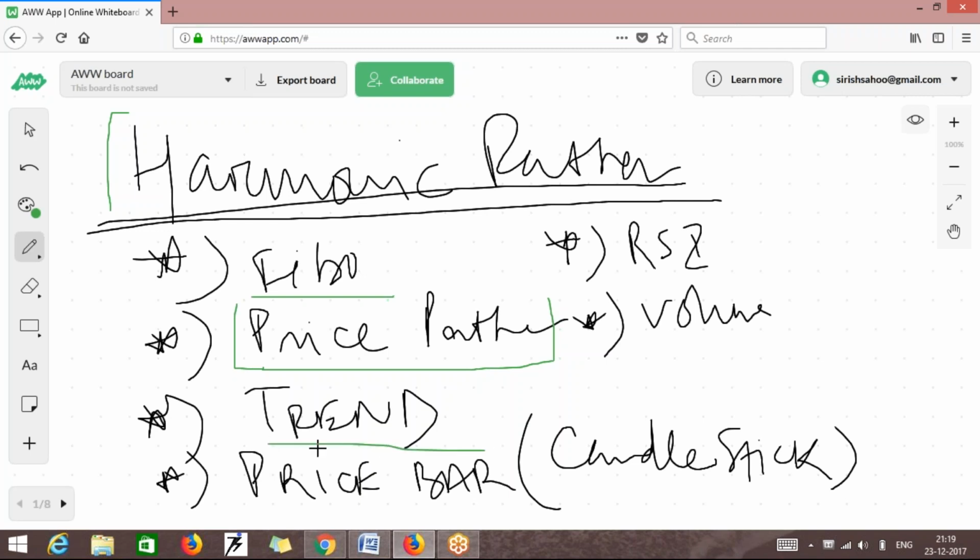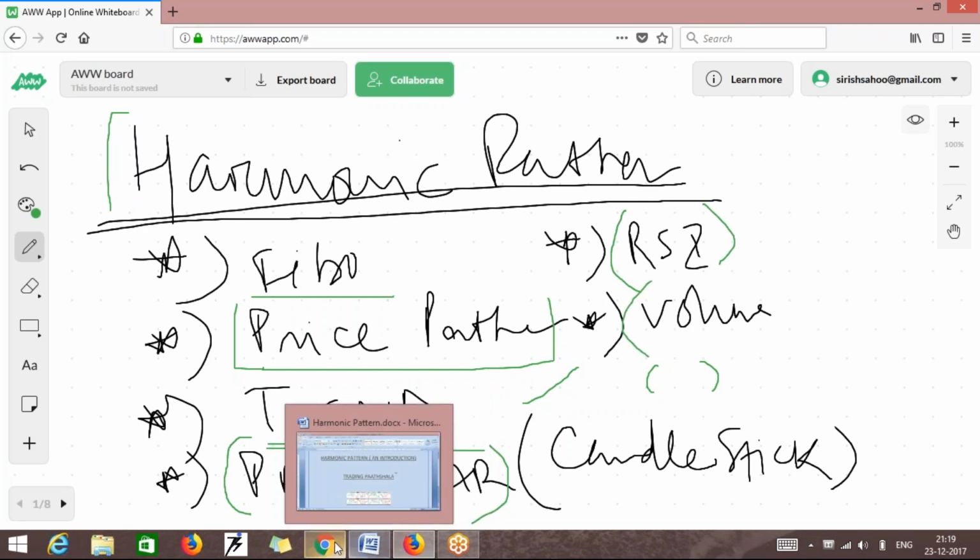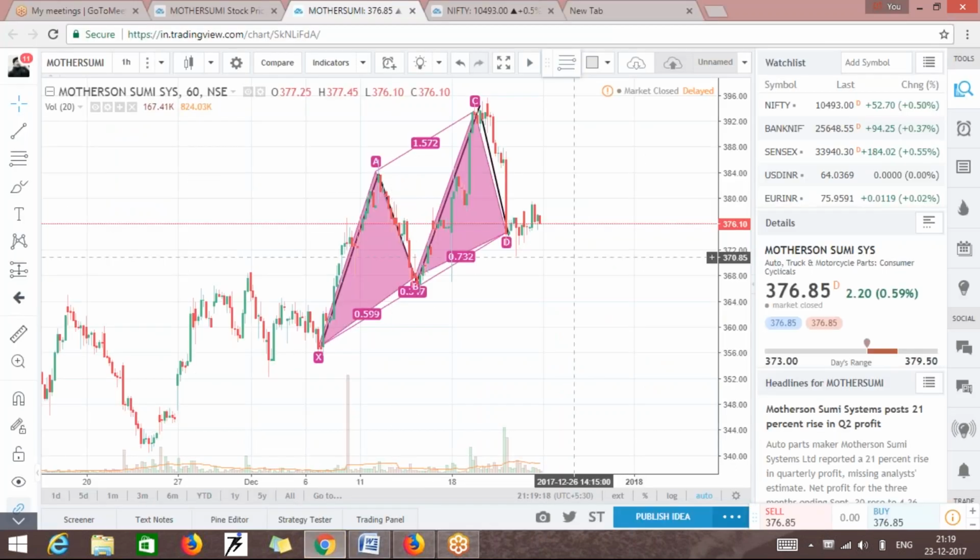We need to see the trend. The major trend in this, Madhusudhan, is an uptrend. So definitely the pattern which is being formed is just for a time period. Again it will move upward. The last candlestick we could confirm. We need to see how exactly RSI is confirming, what the volume levels are. Then only we can take the trade. Taking a trade is not based on a single pattern or single indicator.